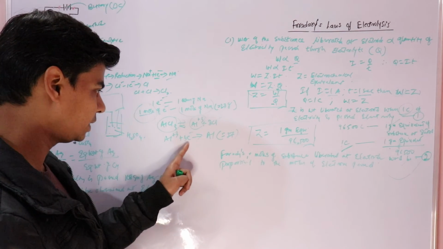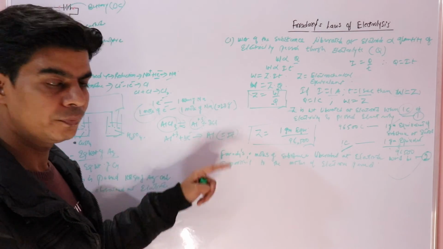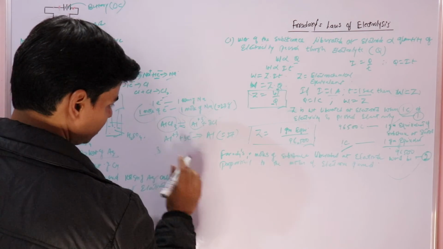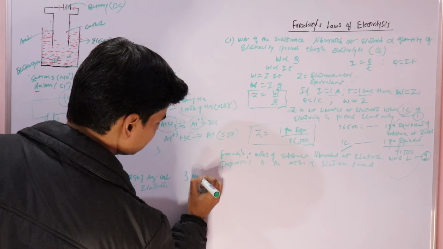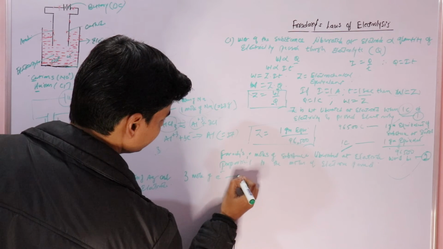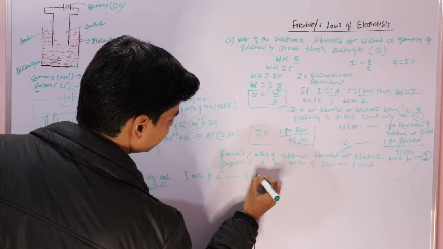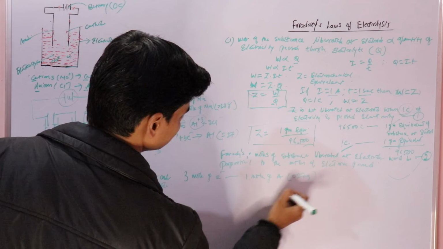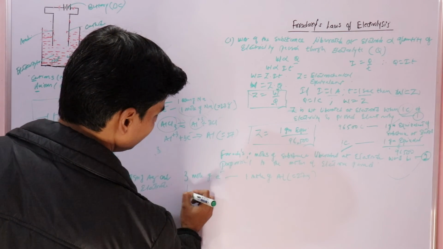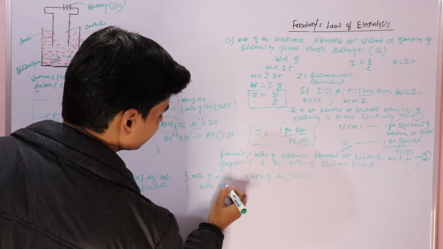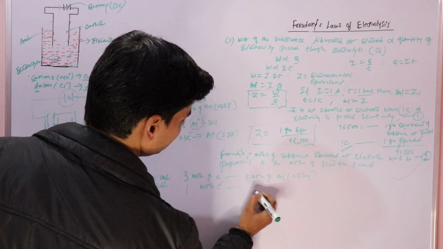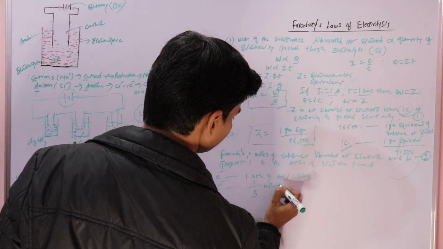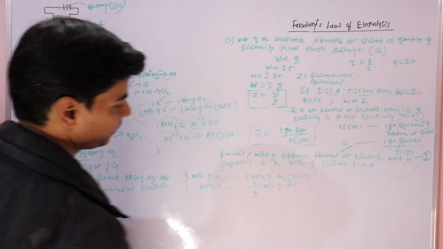So 3 moles of electrons produce 1 mole of aluminium, which is equal to 27 grams. Similarly, 1 mole of electrons will form 1 upon 3 moles of aluminium.